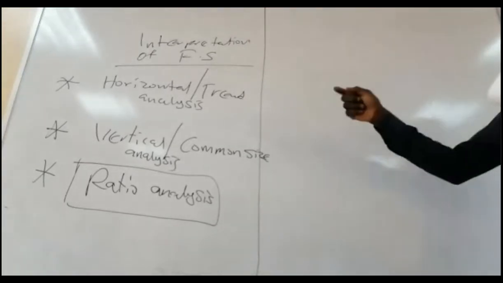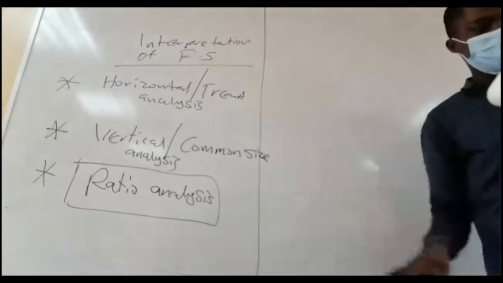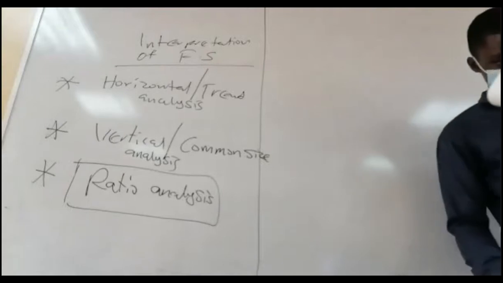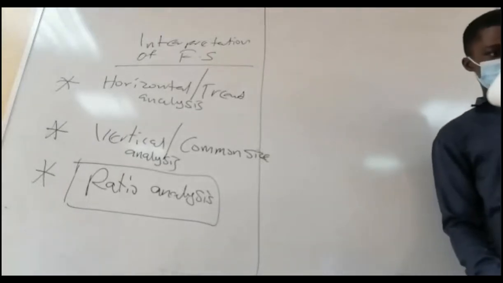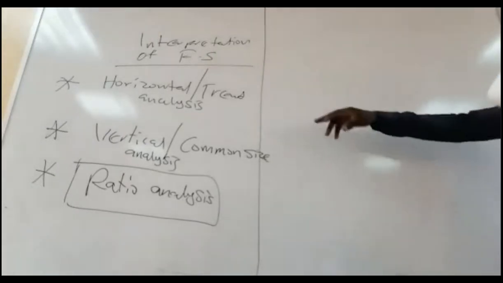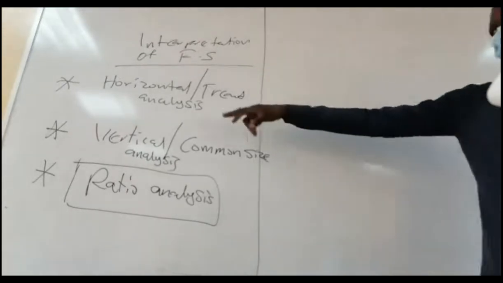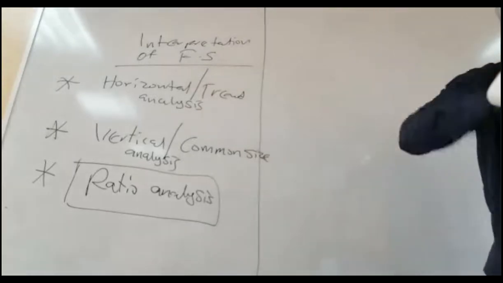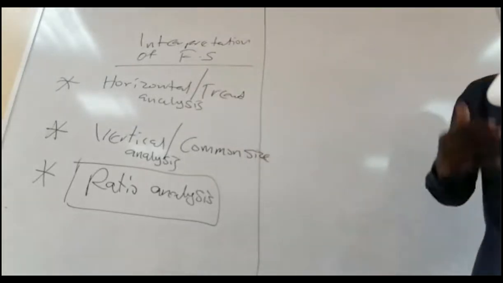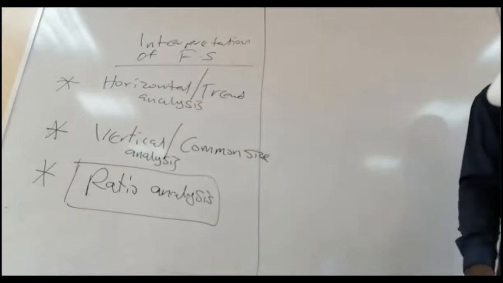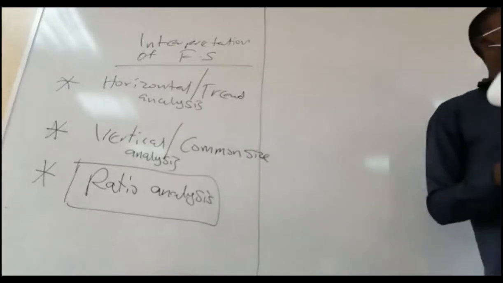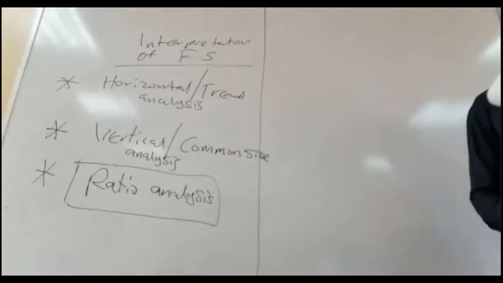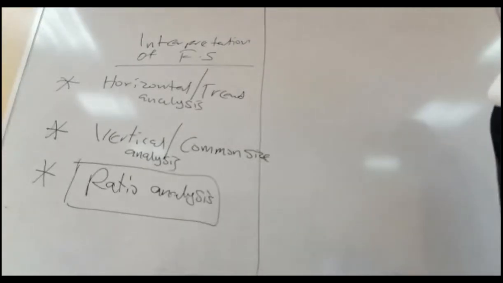Because they are the techniques that we use to provide meaning to the financial statements, it means that we should know how to use horizontal or trend analysis to explain the performance of the company. Performance means the company is doing good or bad, and its implication, the impact. Good. So that is it.